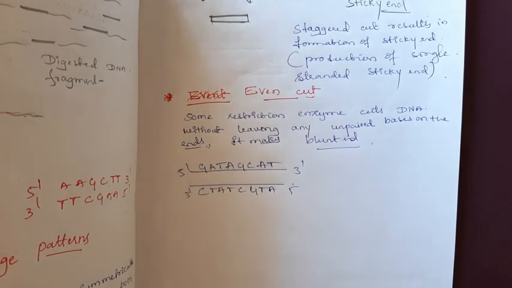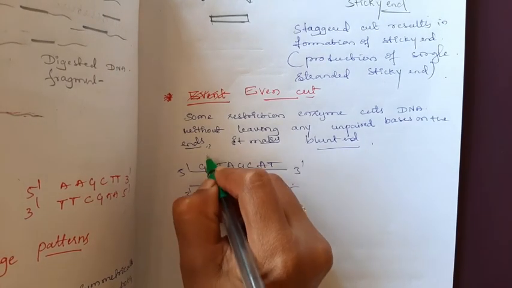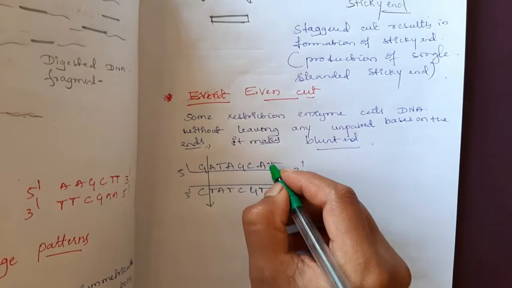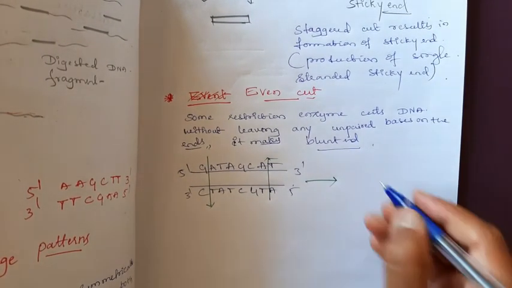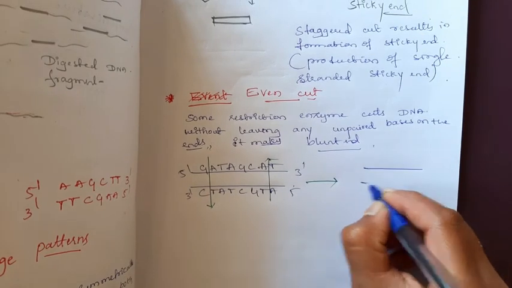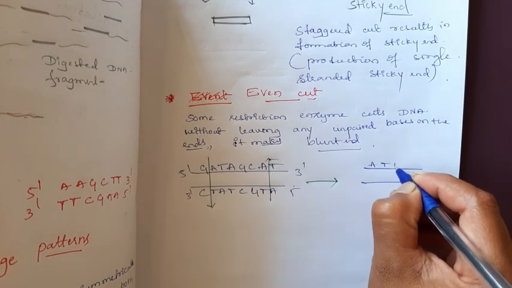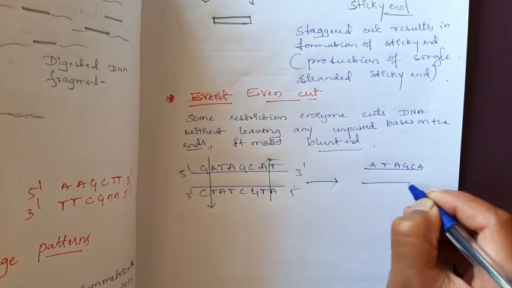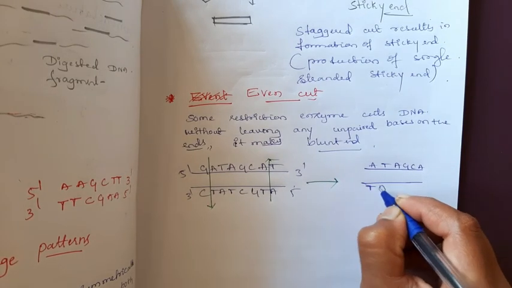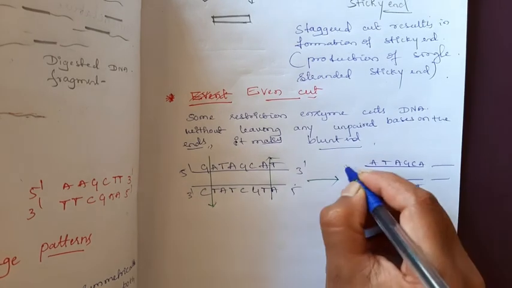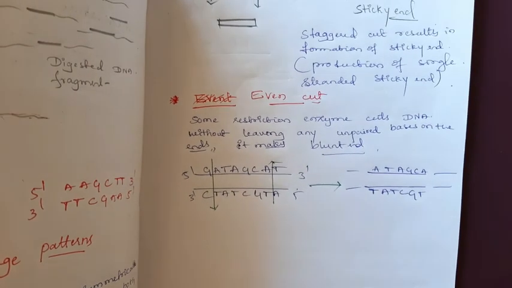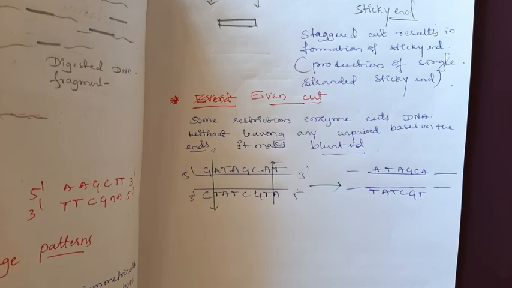Then for example, after the resulting cleavage without any sticky ends, the fragments are blunt at their ends.